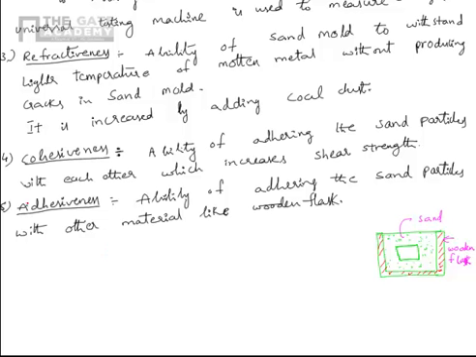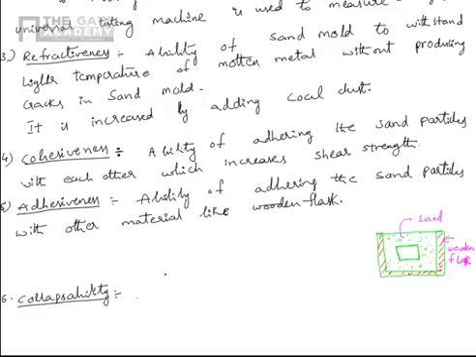Next property is collapsibility: the ability of breaking the sand with a little amount of force. After mold preparation and cavity preparation, we pour the molten metal into the mold, which enters the cavity and forms the casting.